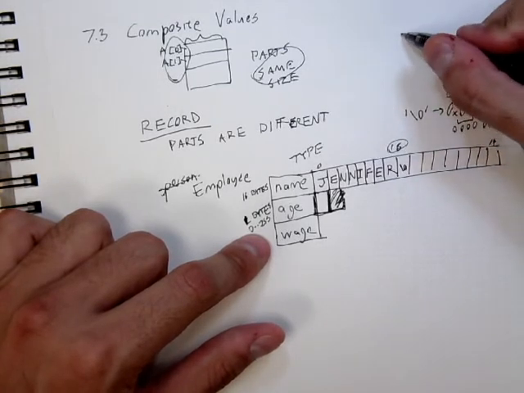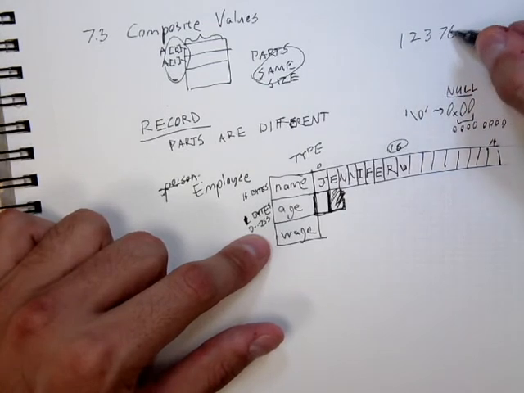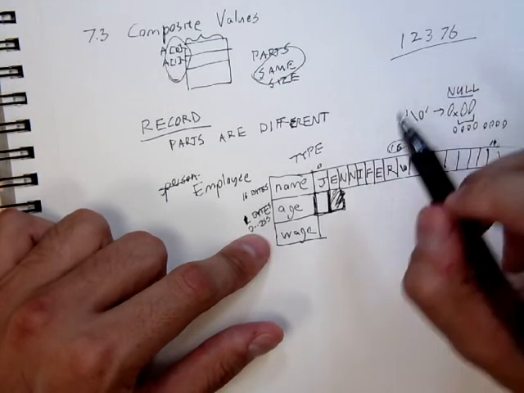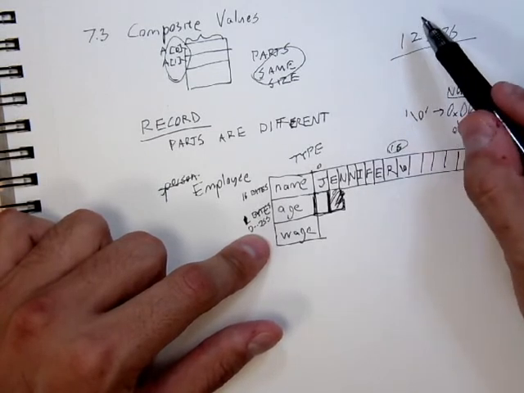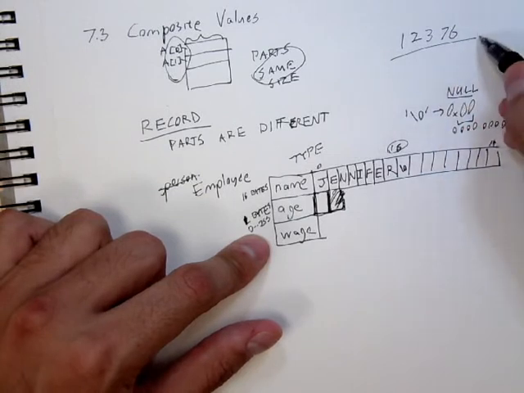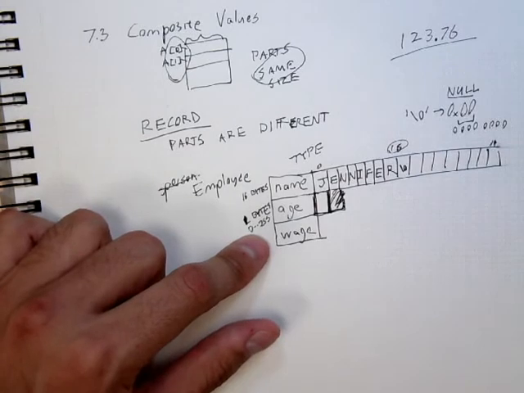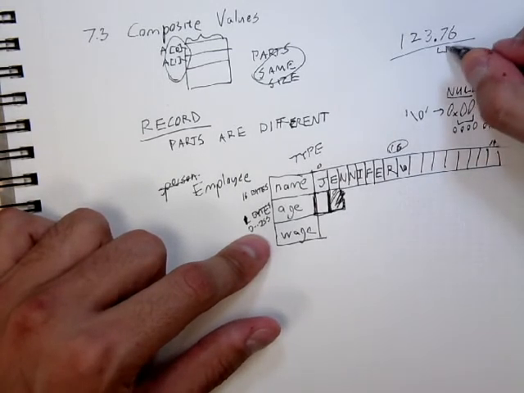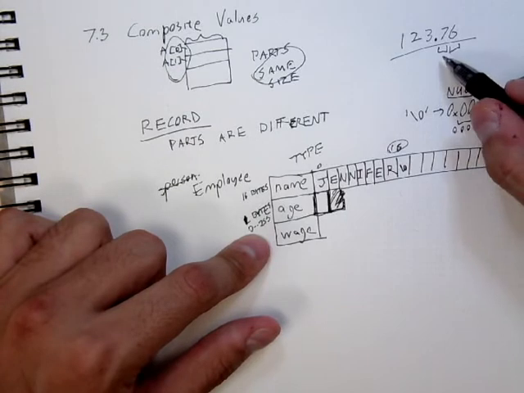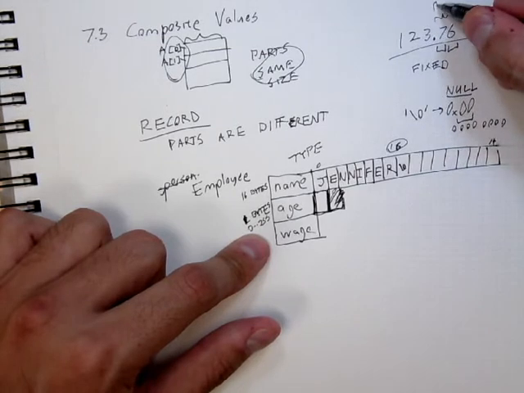If you're going to pay them $123.76, we represent that as an integer, 12,376 pennies. Then when we print it, we put a decimal point in the right spot. We always know that there are going to be 2 digits to the right of the decimal point, and this is called fixed precision. Precision is the number of characters after the decimal point.